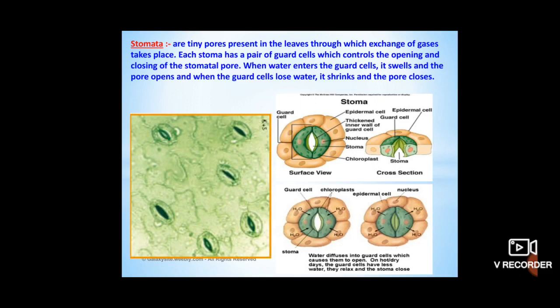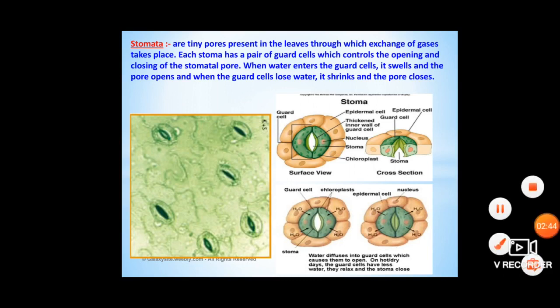How does this opening and closing take place? When water enters the guard cells, they swell. Then the pore becomes open. When the guard cells lose water, they shrink and the stomatal pore closes.